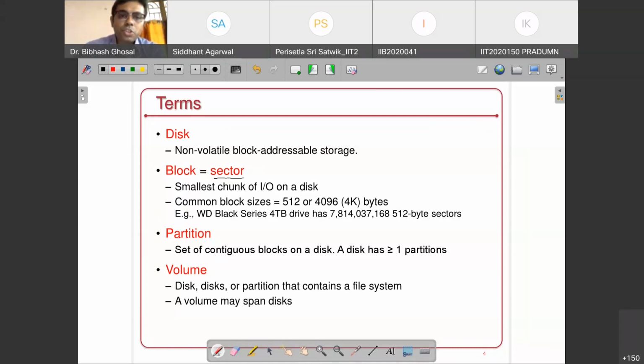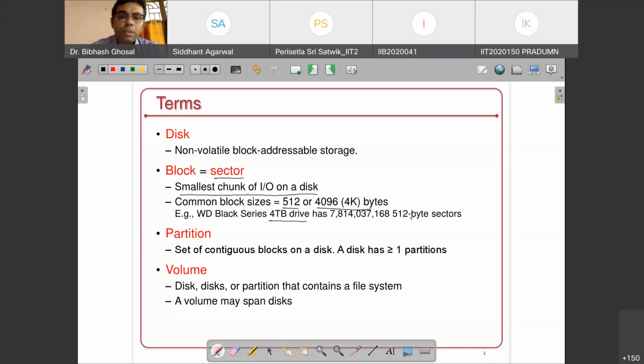So the smallest chunk of IO which is residing on the disk is called a sector. It can be from 512 bytes to 4K bytes. As you see, we have 4 TB drives now, which is so many bytes, so many sectors that we have.